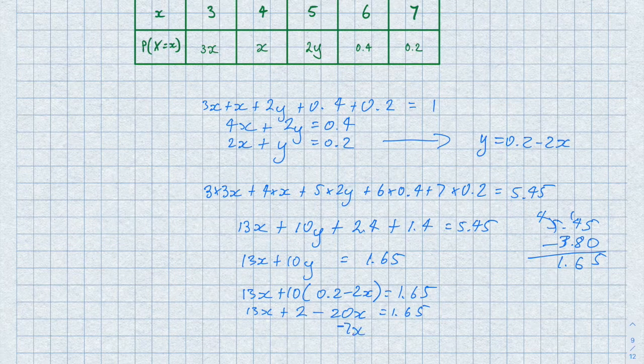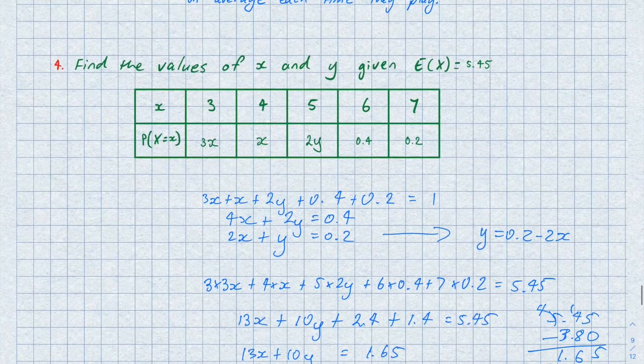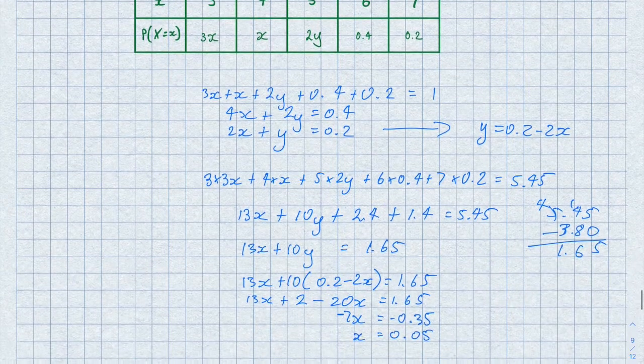Negative 7x equals negative 0.35. If I divide by negative 7, my x is equal to 0.05.